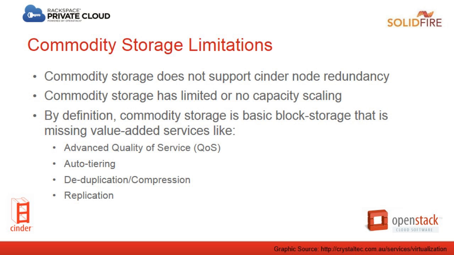Also, commodity storage has limited capacity scaling, and I have a diagram to show what I mean by that later. And then lastly, there are some value-added services that existing enterprise array customers may be used to, such as QoS and replication, that are not currently part of the Cinder service using commodity storage.